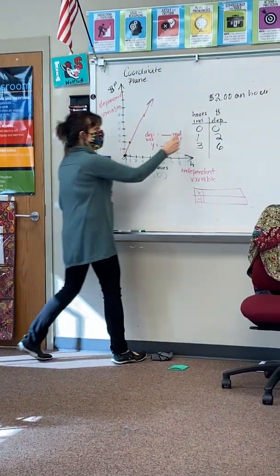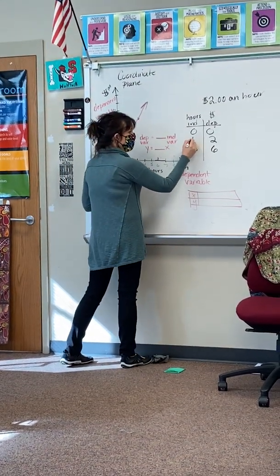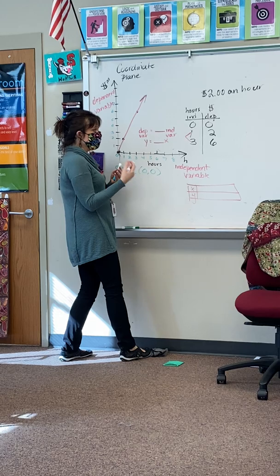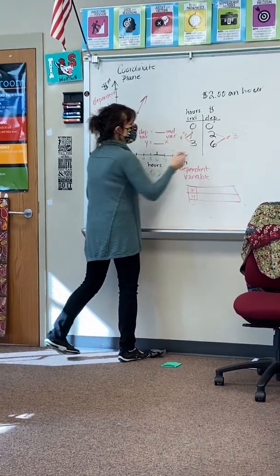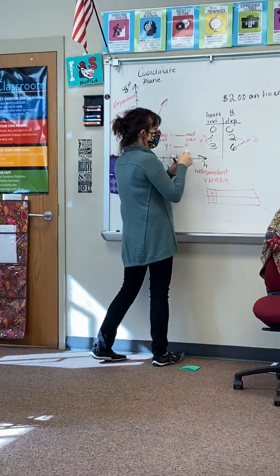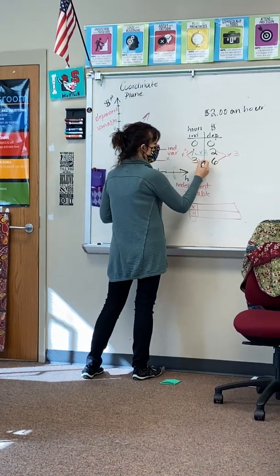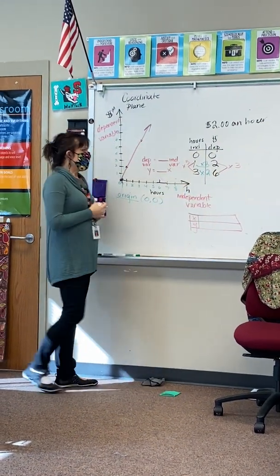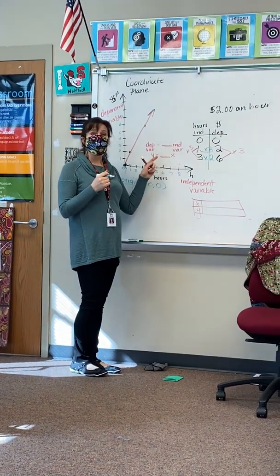If this is indeed a ratio situation, how do you get from 1 to 3? Times 3. Same here. That's telling you that's a ratio situation also. 1 times 2 is 2. 3 times 2 is 6. So this is going to be your rule.